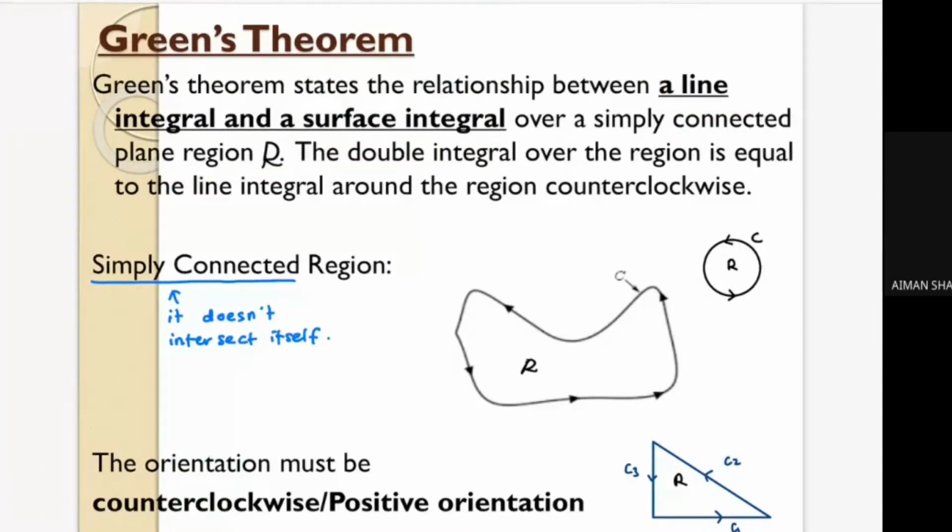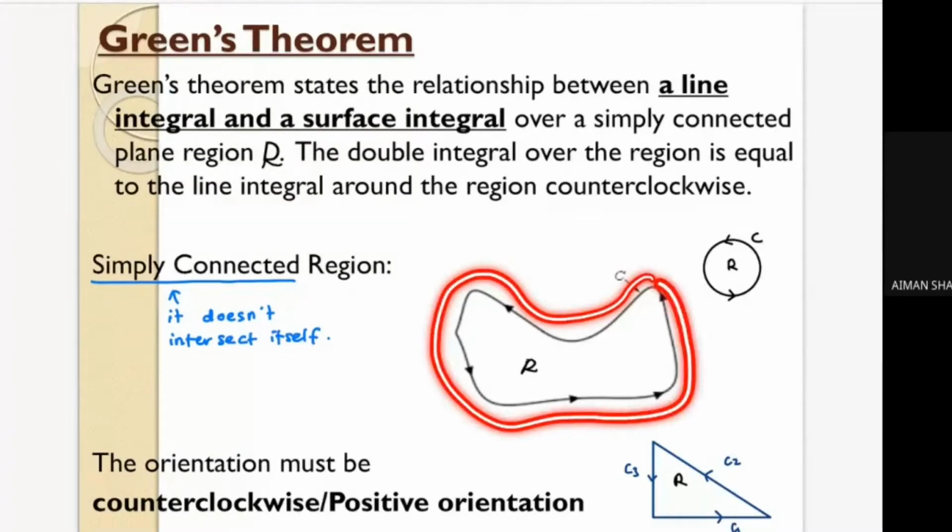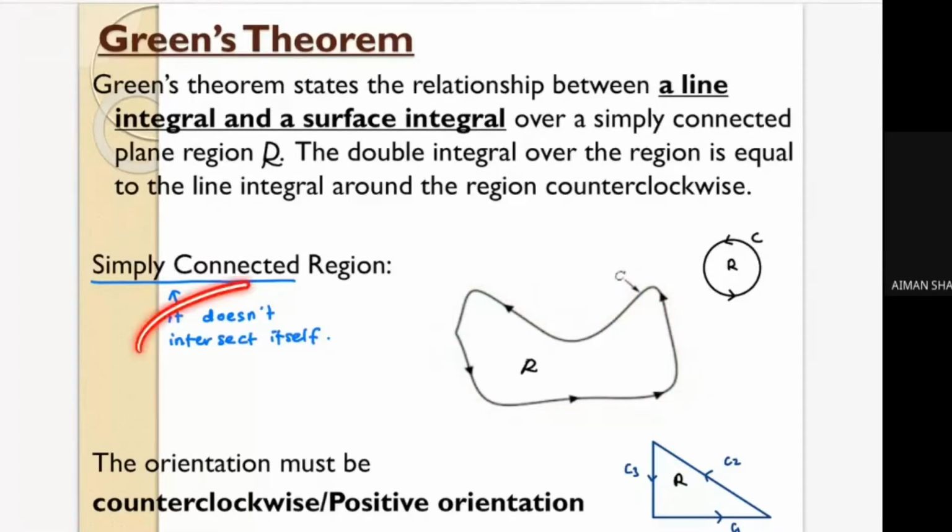For example, you have this plane, this R. Simply connected region means it doesn't intersect itself. This is another example of a simply connected region R. You have these lines C1, C2, and C3, and also this circle region R and this line C around the region counterclockwise.